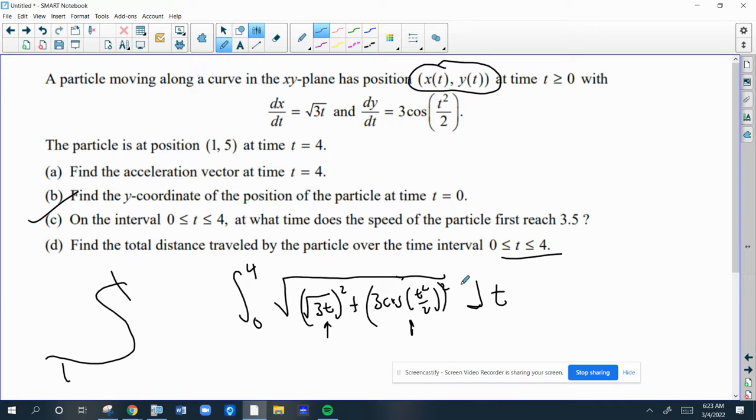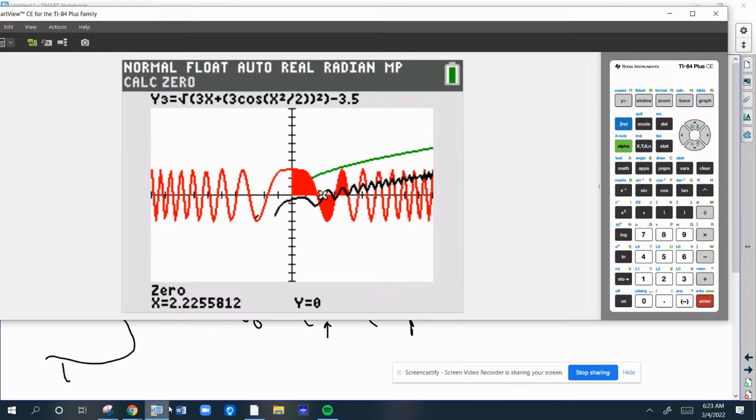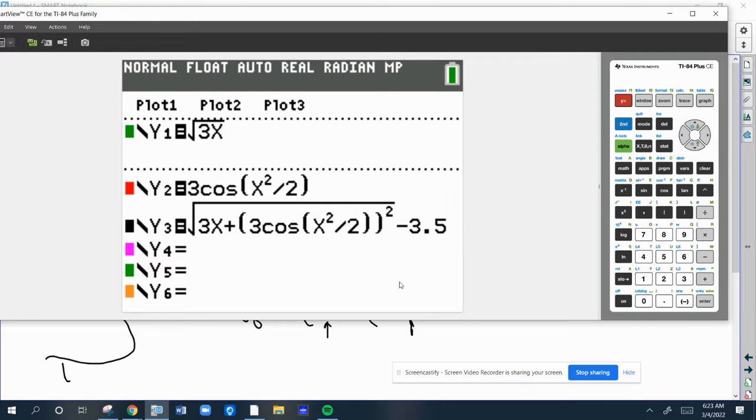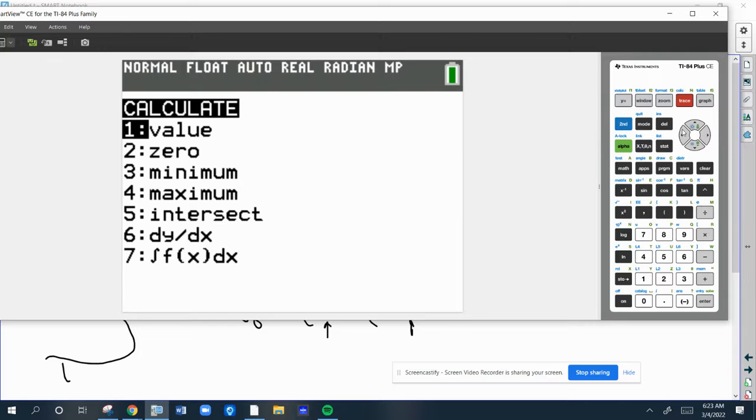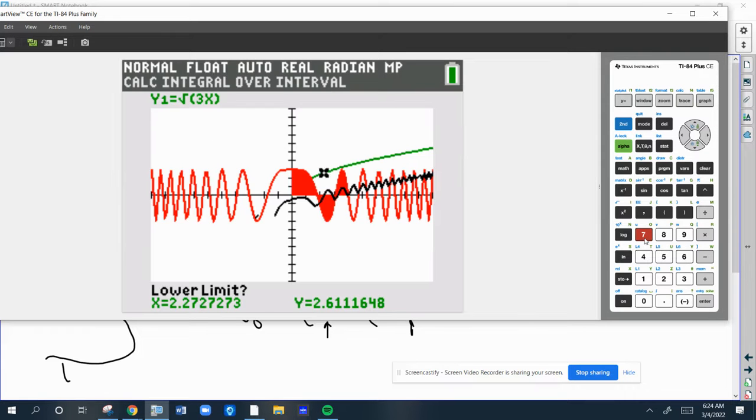So we have this pretty much entered in our calculator already, so this is going to be a very simple process. We just have to integrate what I typed in to y3 from 0 to 4. So we'll hit the integral key, 7. I'll change it to that y3. I'll go from 0 to 4. So that was very simple.